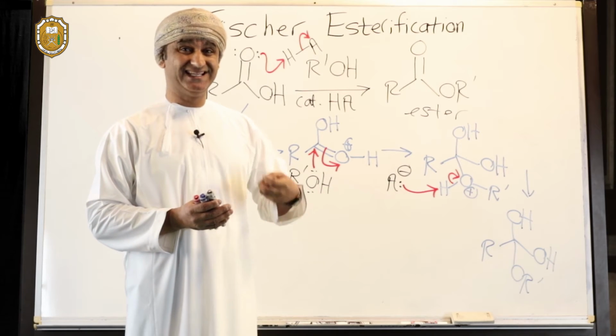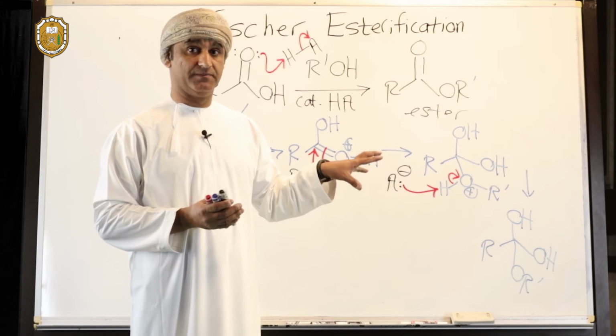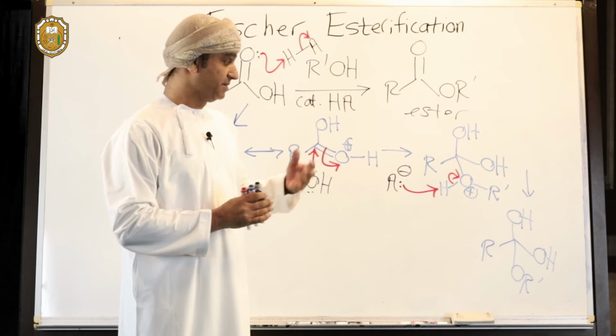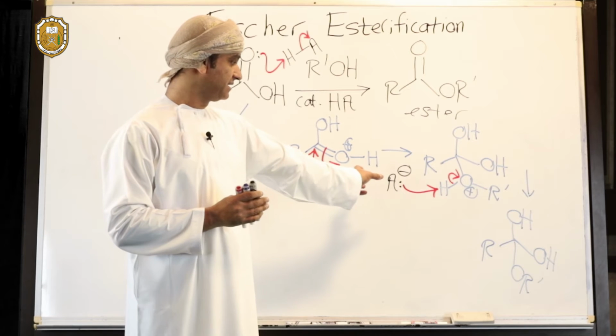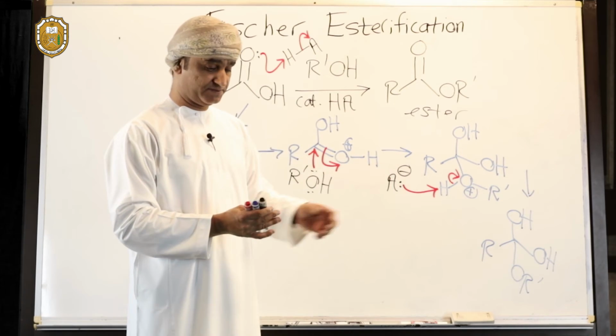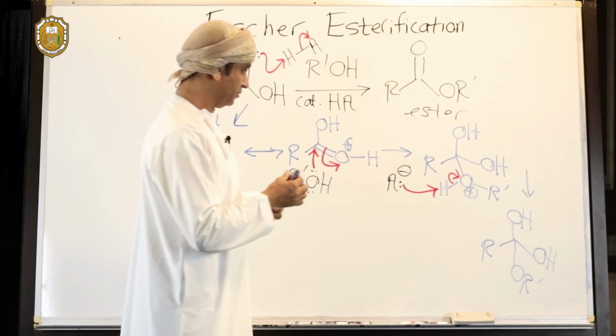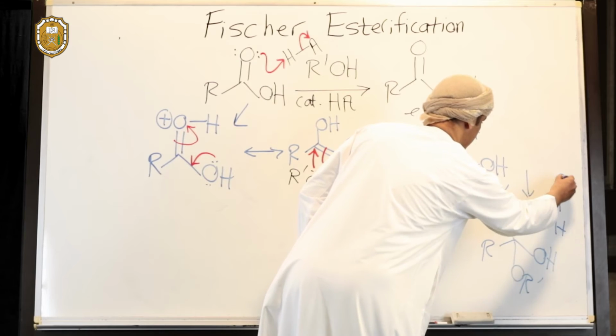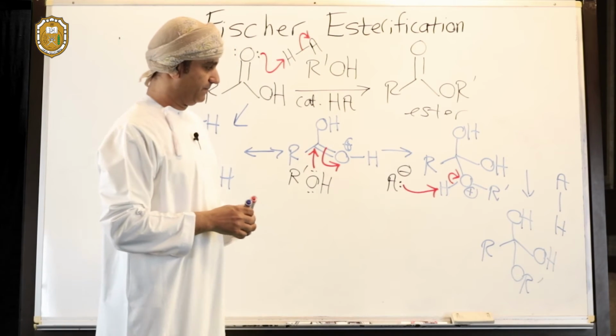So protonation is then required on this tetrahedral intermediate, and the protonation would be using the acid catalyst, which has been just reformed. Okay, the acid has been reformed, which is used to protonate this tetrahedral intermediate.